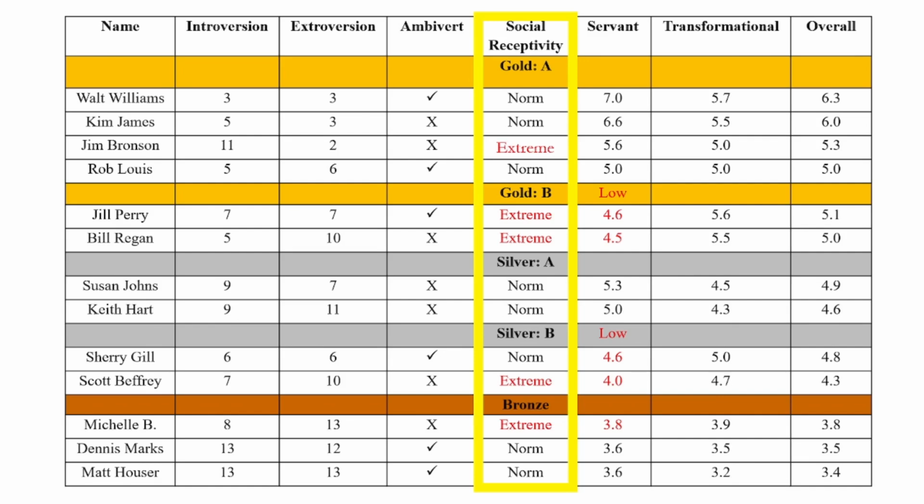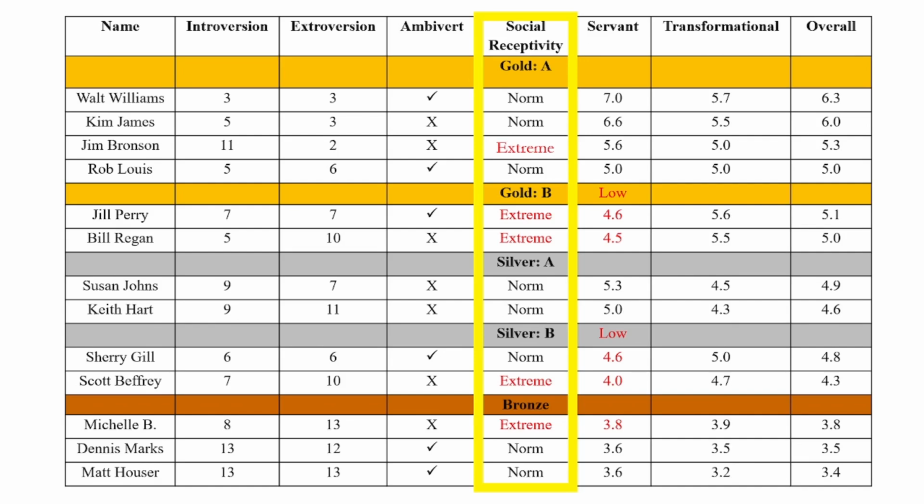Their social receptivity is extreme. Let's start with Bill Regan. He scored a 5 in introversion and a 10 in extroversion. If the software identifies him as a social extreme and he scored a 10 in extroversion, then what that means is Bill is a strong, extroverted, choleric, dominant individual.